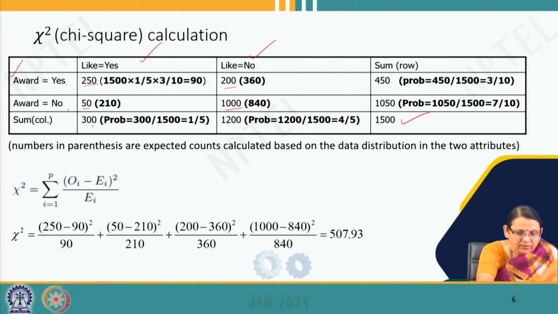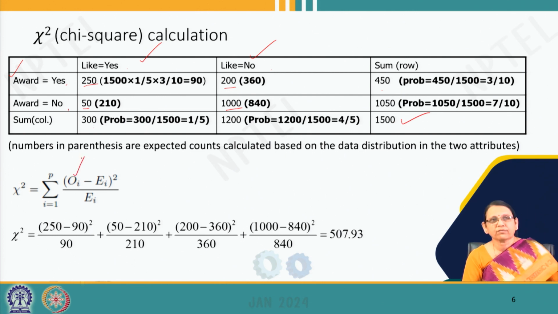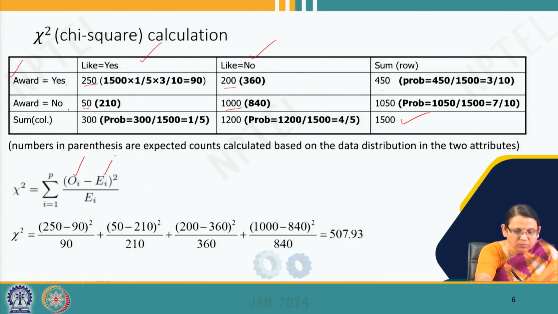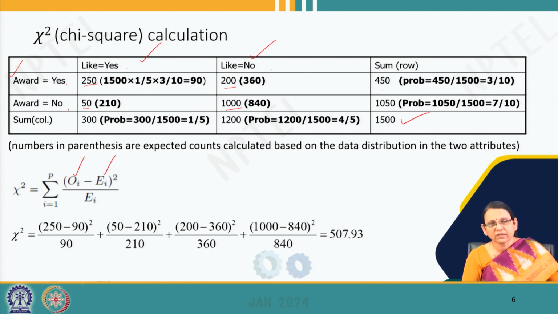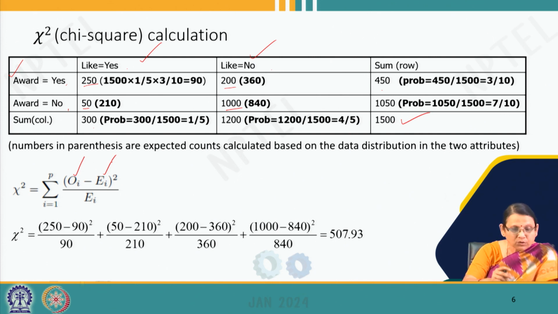That is how you take the totals across rows and columns of the actual observation. This actual observation gives this value O. Now, what is the expected observation? You will get the expected observation by looking at these sums and calculating the probabilities.